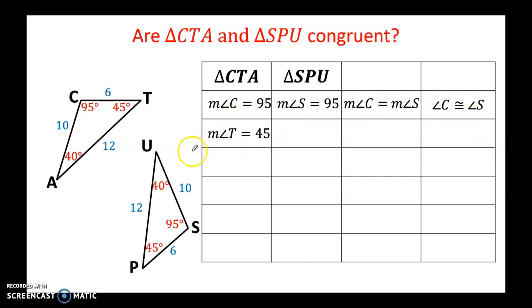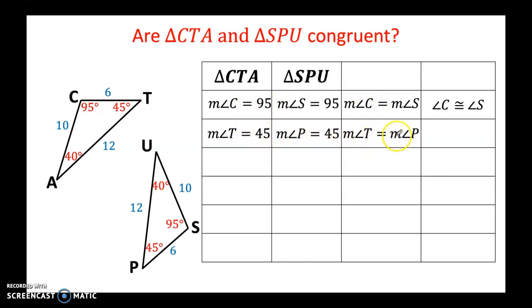Another, the measure of angle T is 45 degrees and the measure of angle P is also 45 degrees. So we can say that the measure of angle T is equal to the measure of angle P by the transitive property because they are both equal to 45.